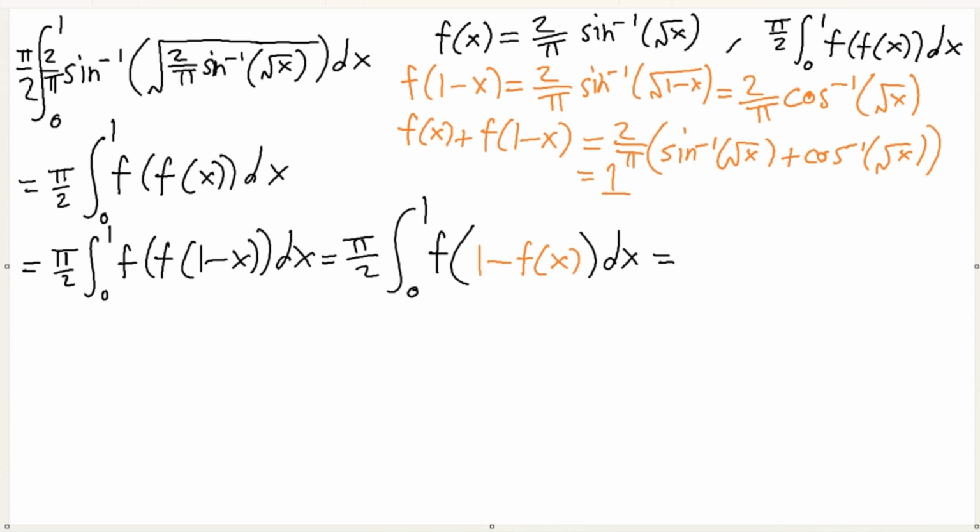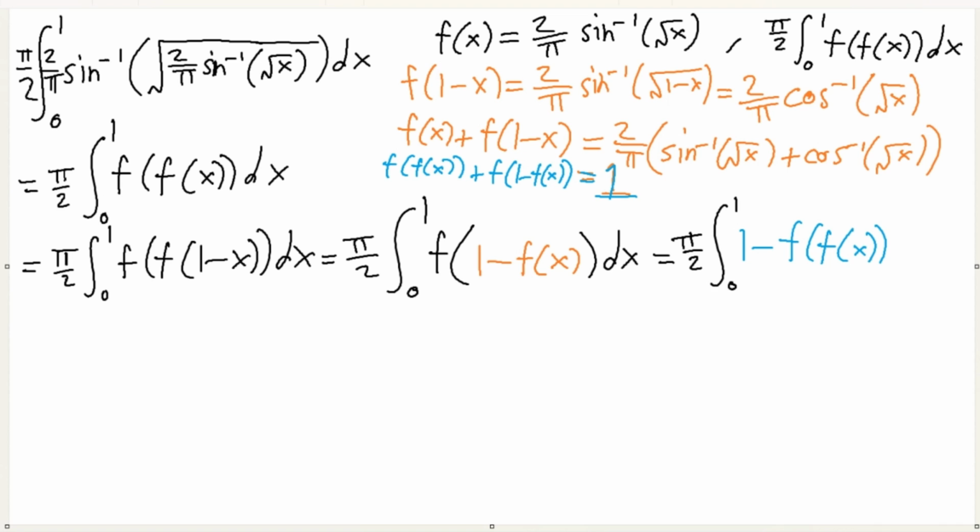And then, of course, if you remember, we can apply the same thing with f of x plus f of 1 minus f of x, which also does indeed equal 1. So what this means is that this whole integral here is pi over 2 from 0 to 1 of 1 minus f of x dx.